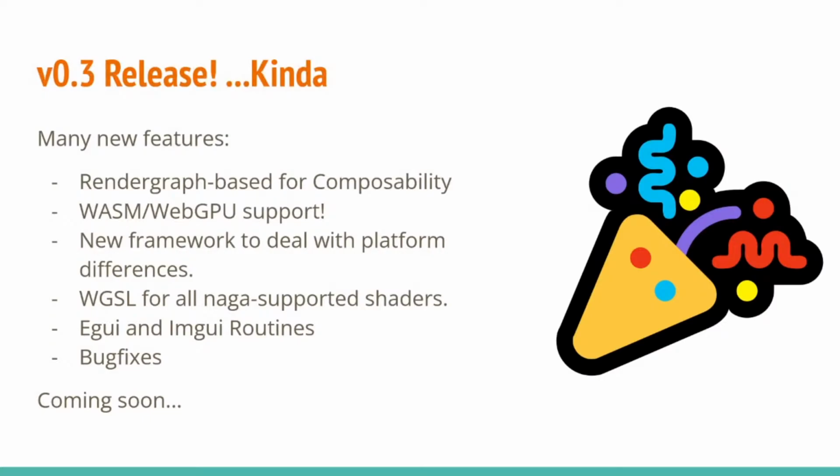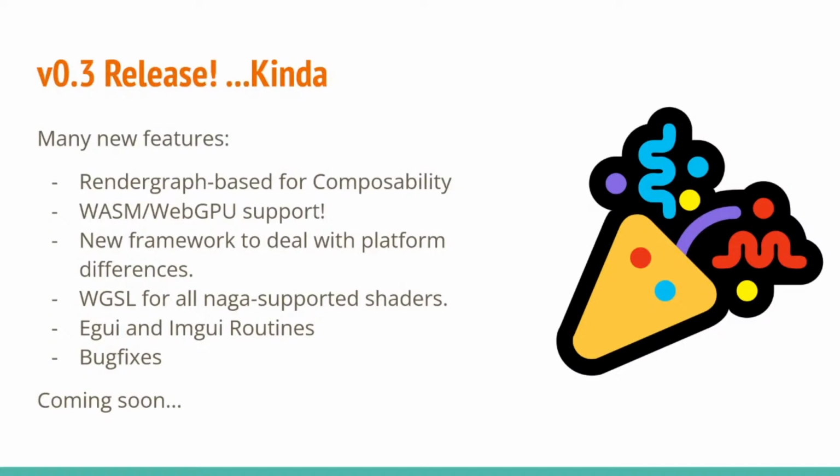We have a framework which deals with a bunch of the platform differences between Android, the web, native. There's quite a few things that are very finicky and that I don't want all of my users to independently discover and write. So this framework provides that set of base utilities.